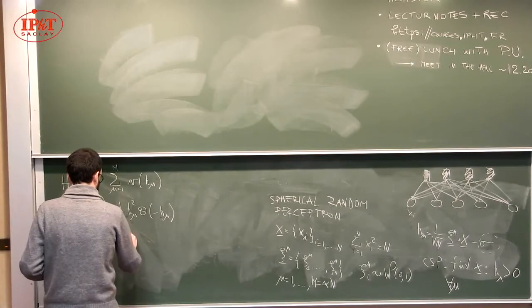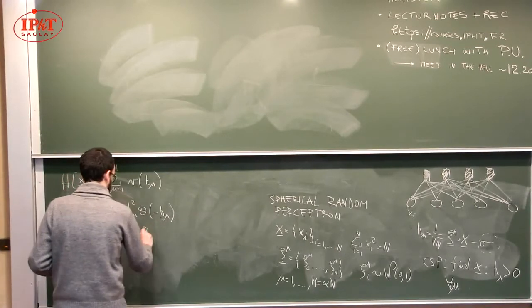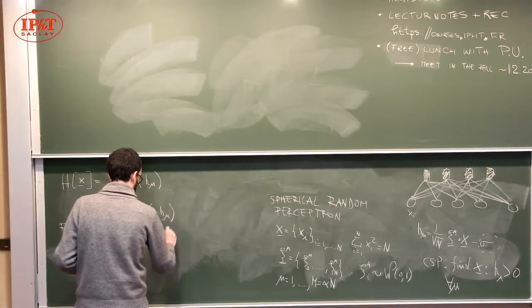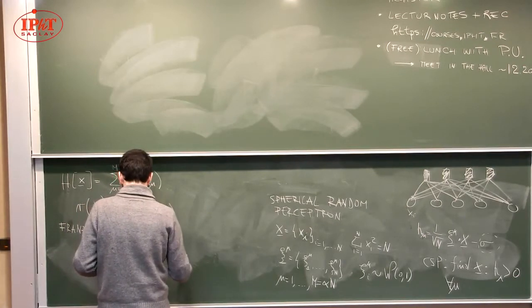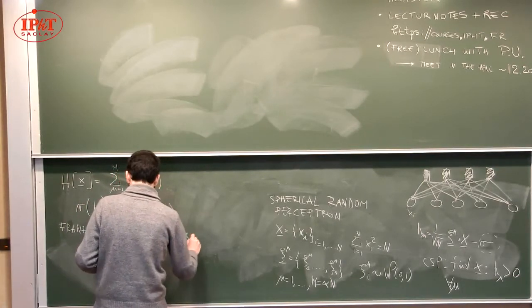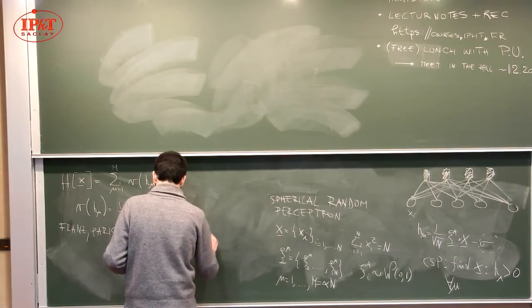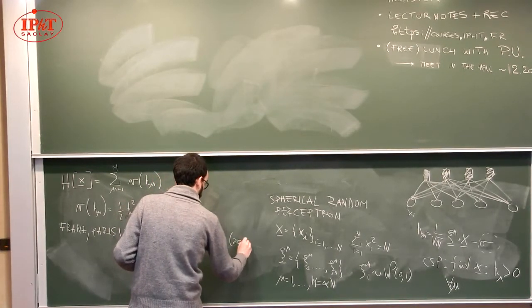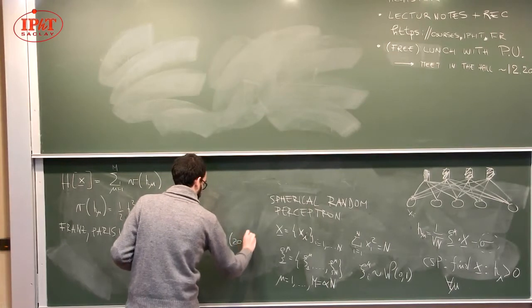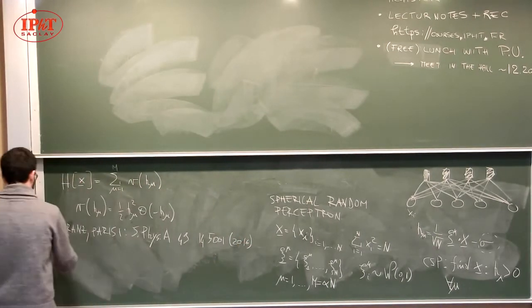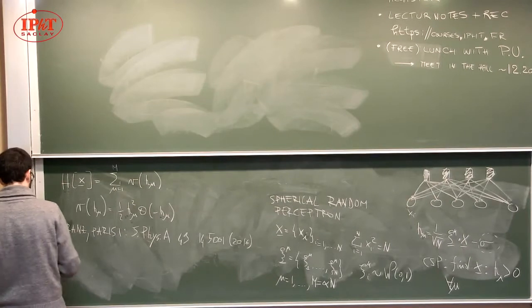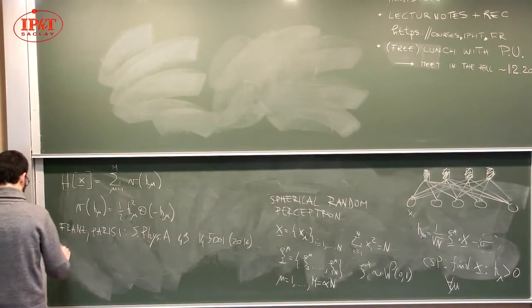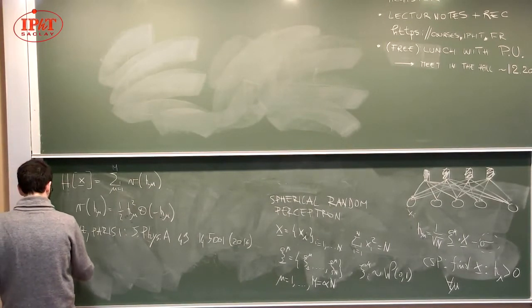The reference is J. Phys. 49. It's a paper of last year. And the details that I will try to discuss in these lectures can be found in this paper.